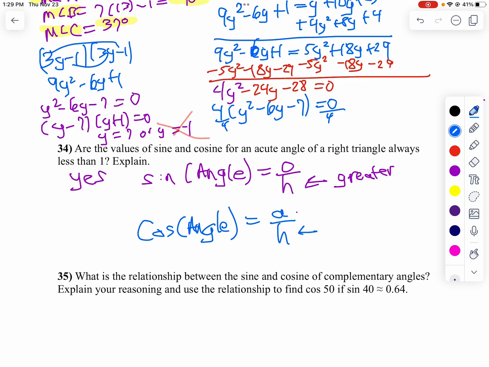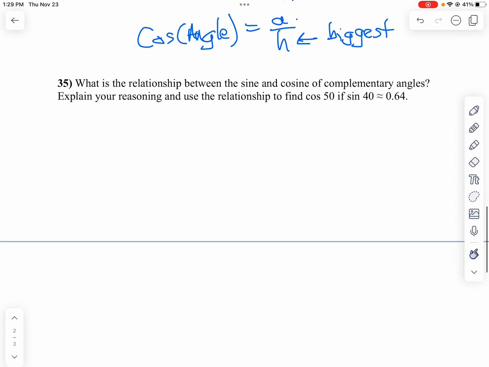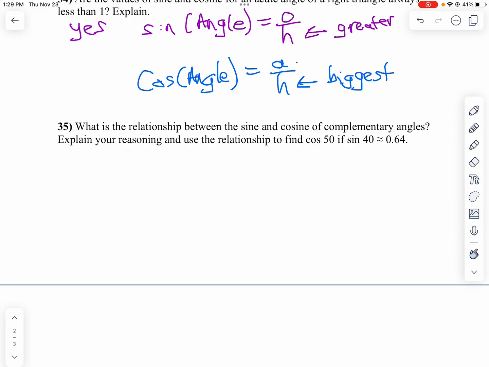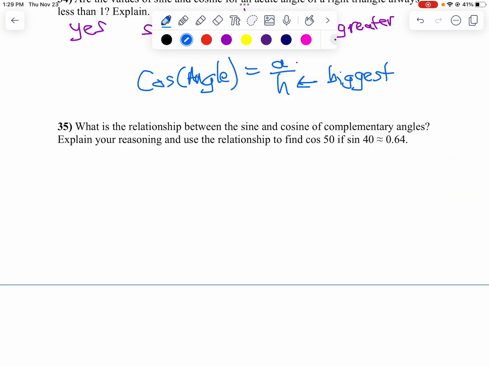And once again, the hypotenuse is the biggest side of my triangle. So I'm always going to get a fraction that's going to be less than 1 for sine and cosine. Now, that's not true for tangent, but it is true for sine and cosine. Now, remember, cosine means the complement's sine.